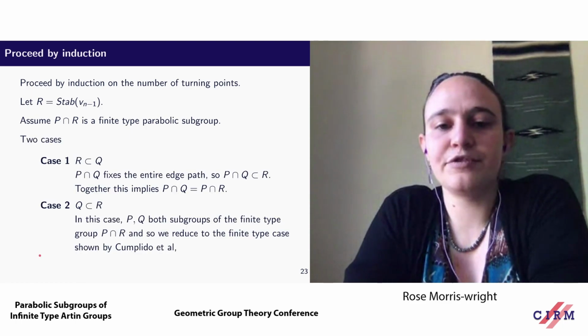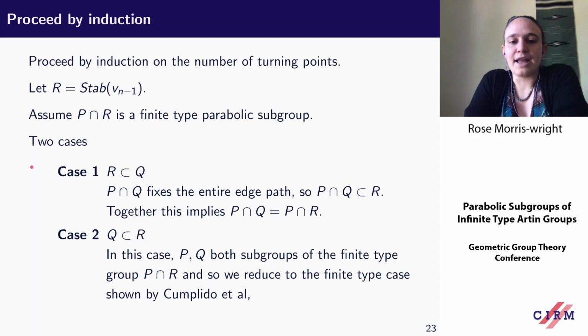And then the final step of this proof is just split into two cases. So I have the case where R is contained in Q. This is the case where that up, down path ends in an upward path, like in the example on the previous slide. And in this case, you see that P intersect Q, which is the group that we're interested in finding out about, fixes the entire edge path.